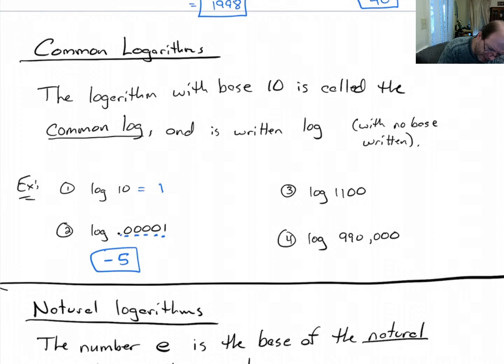Log of 1000 is 3. Log of 10,000 is 4. So what about log of 1100? Well, it's going to be between 3 and 4. And it's going to be closer to 3 than 4 because 1100 is closer to 1,000 than it is to 10,000.